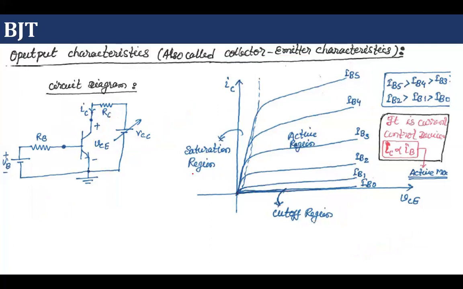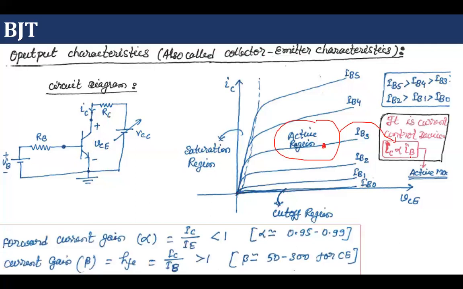In the active region, IC, the collector current, is directly proportional to the base current. We have two types of gain in the case of a bipolar junction transistor. One is known as the forward current gain, represented by alpha, and its ratio is IC upon IE.